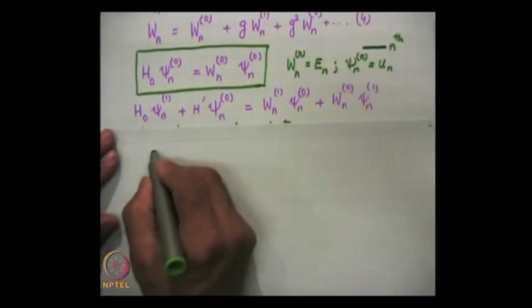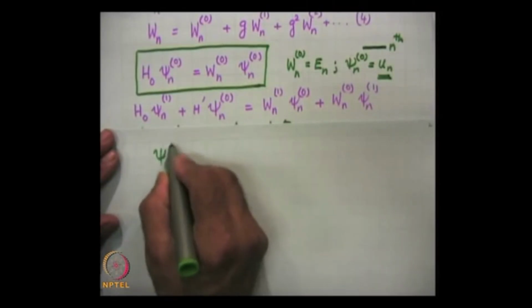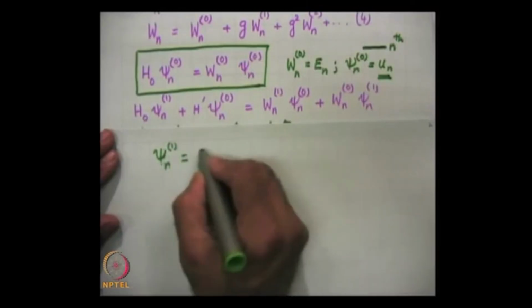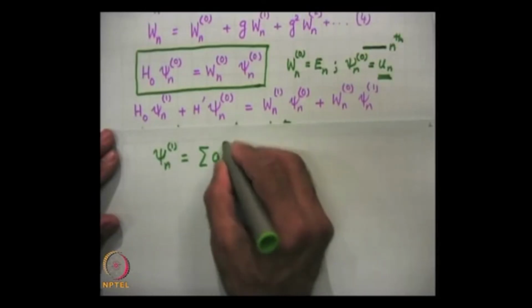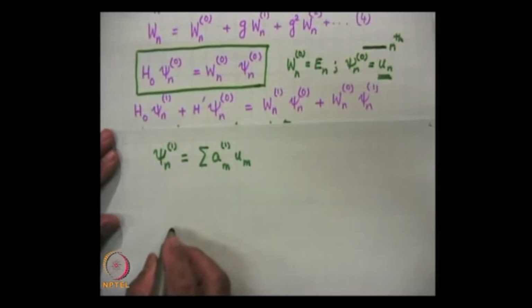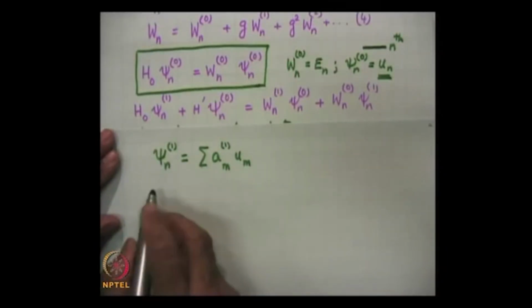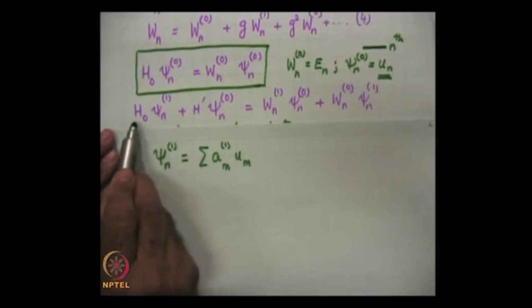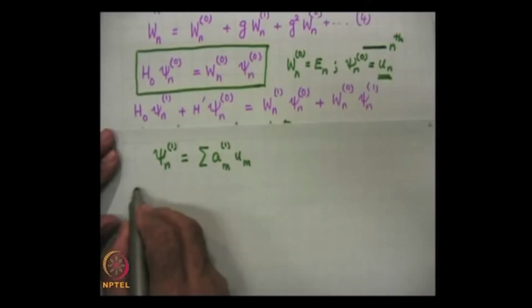Then we assume, since the u's of n form a complete set of functions, psi n 1 to be equal to the summation of A m 1 u m. We substituted here, and then H naught operating on u m will be E sub m u m. So, we substitute this in this equation.